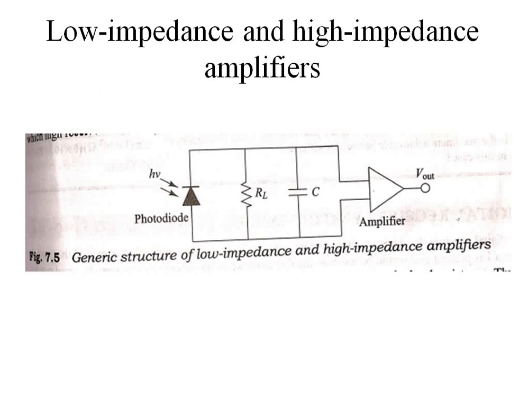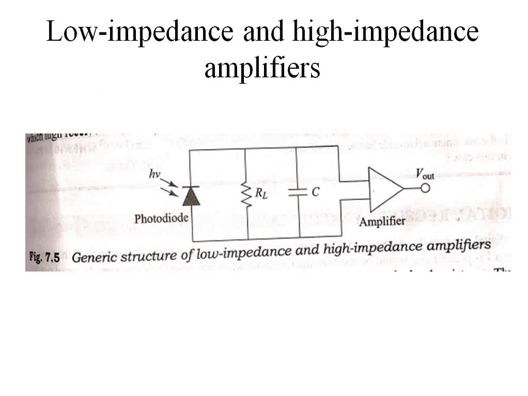So the low impedance amplifier provided a wide bandwidth but did not provide higher receiver sensitivities, while high impedance amplifiers give low noise but also give a low receiver bandwidth.